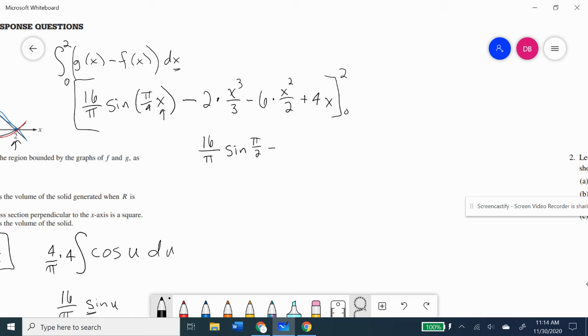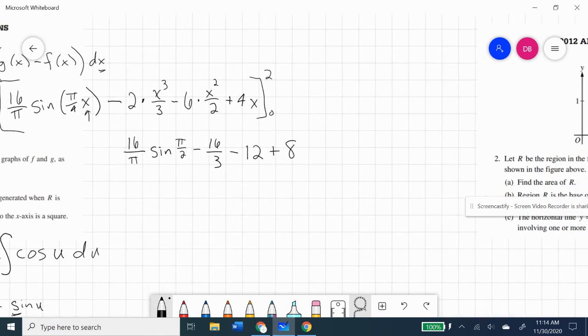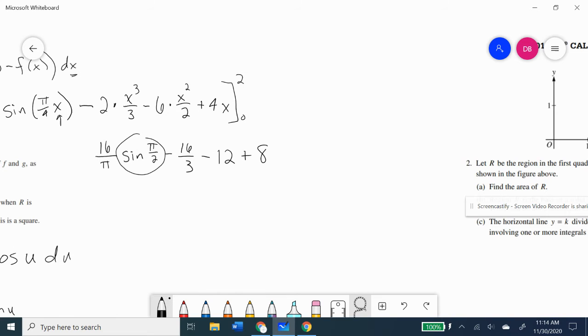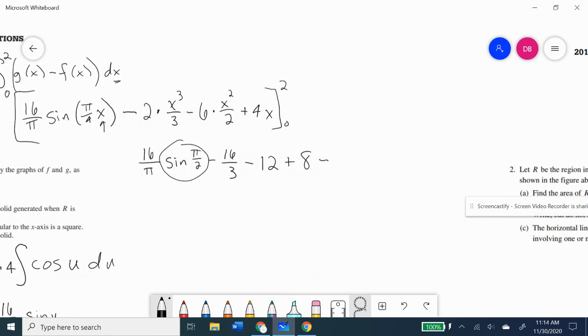So I get 2 times 2 cubed over 3, 4 divided by 2 is going to give me 2, so 6 times 2, ultimately 12, plus 8. And I still want to find this, but I'm going to first focus on just getting these numbers plugged in.